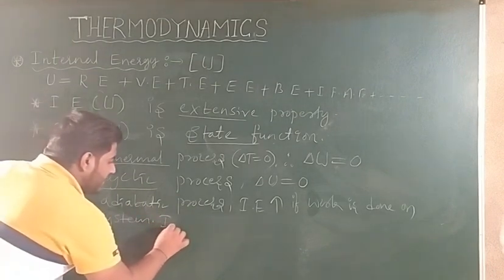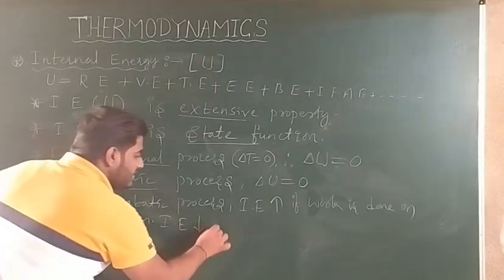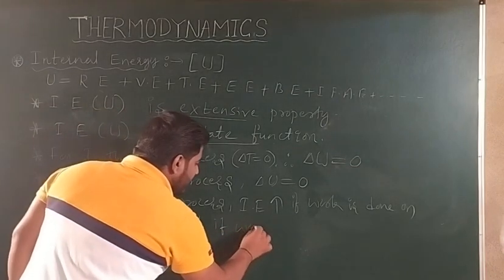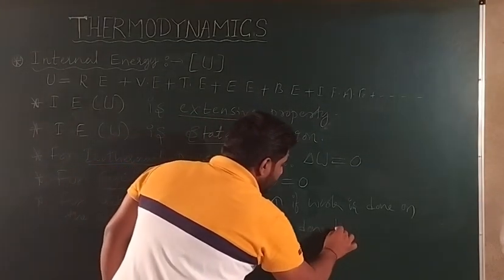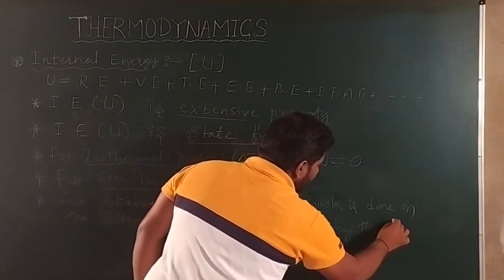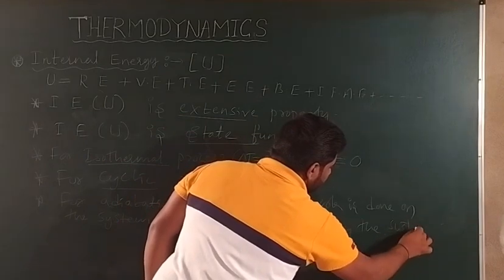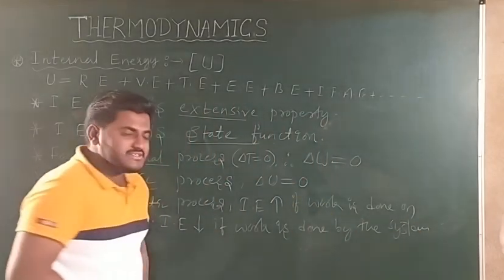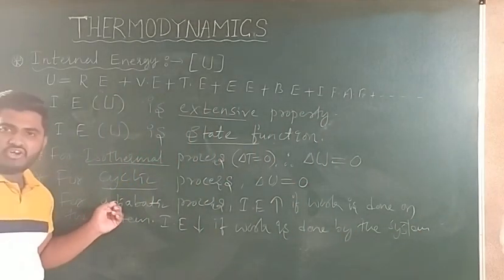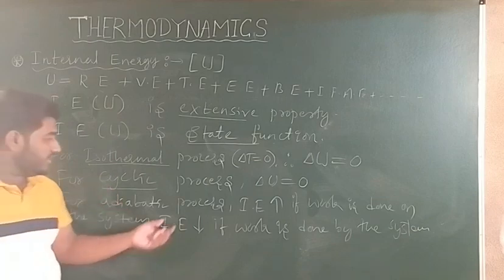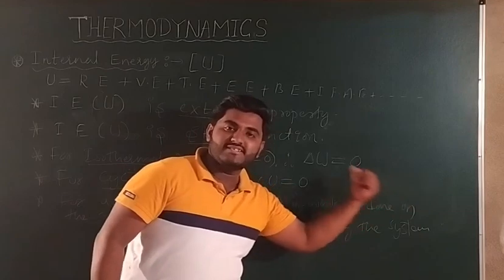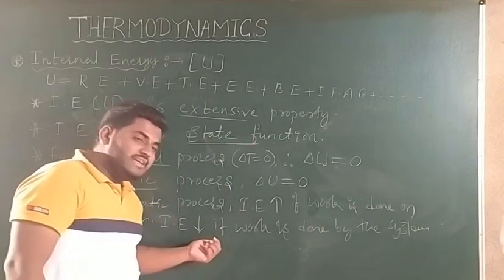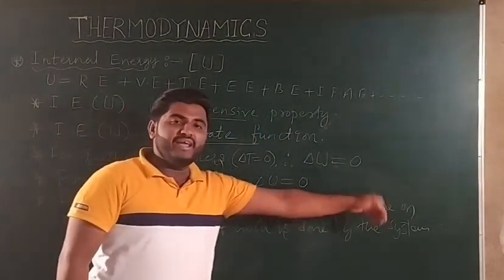And internal energy decreases if work is done by the system. What is the meaning of this? Adiabatic process means constant heat, you know already. Internal energy increases if work is done on the system, and internal energy decreases if work is done by the system.